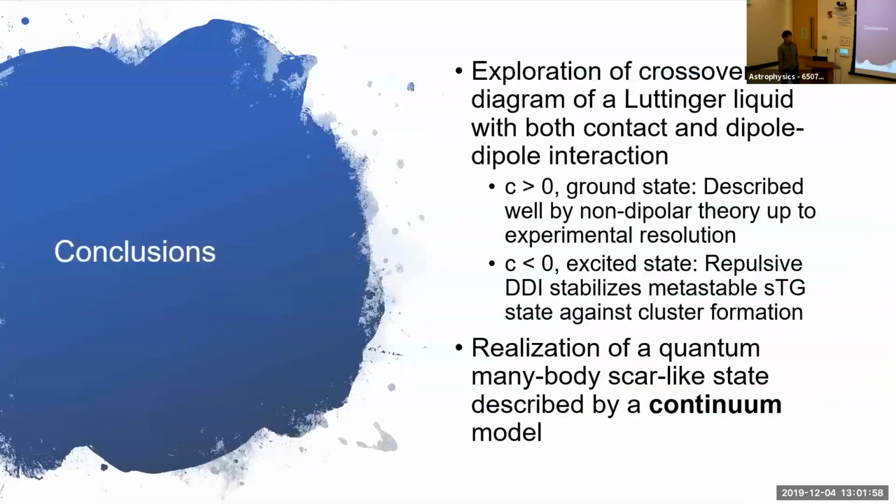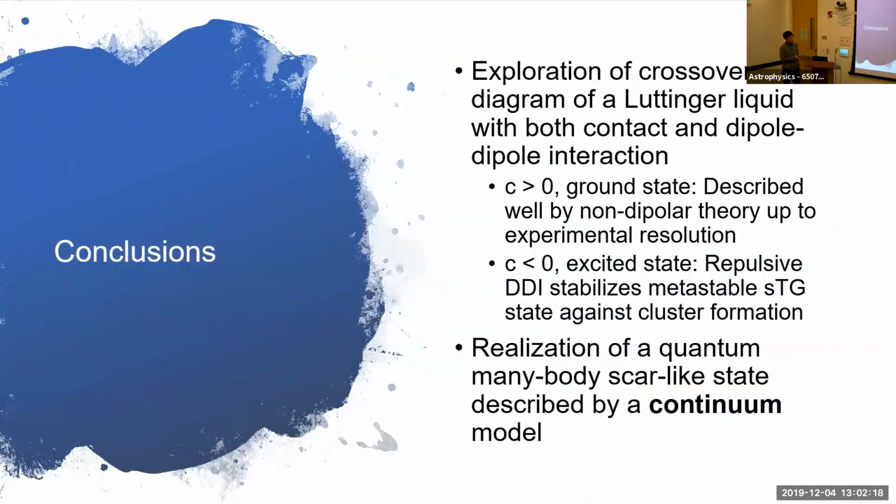So I will conclude here. Today I've shown you the exploration of the crossover diagram of a Luttinger liquid with both contact and dipole-dipole interaction. In the case of c greater than 0 in the ground state, it is described pretty well by theory up to experimental resolution.